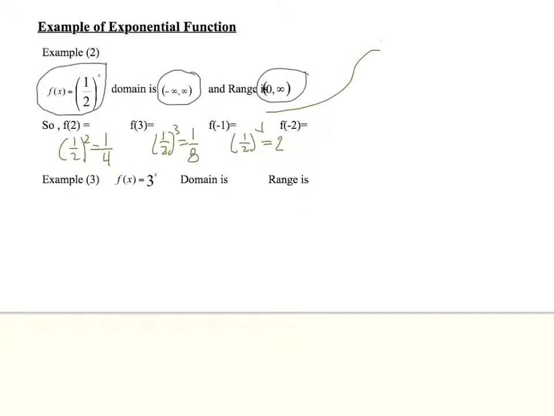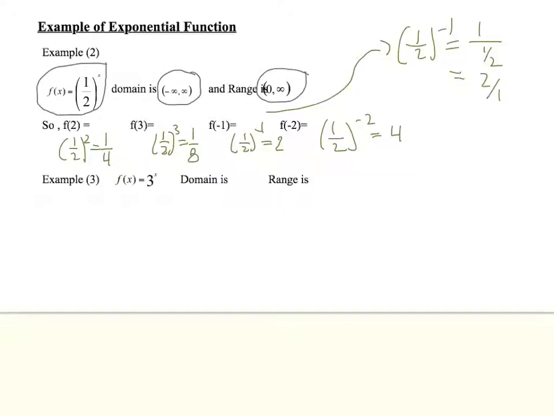So let's talk about that just a second. 1/2 raised to the -1 power is equal to 1 over 1/2, which we invert and we get 2/1, right? And then finally, we have 1/2 raised to the -2, which is going to be 4, right?